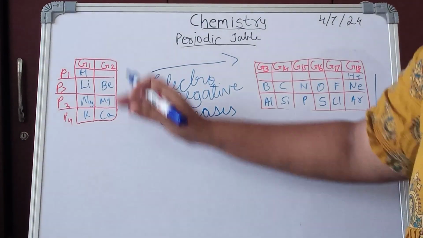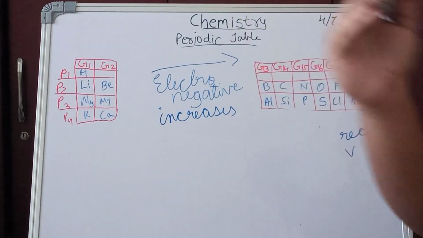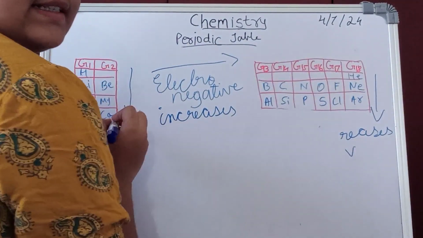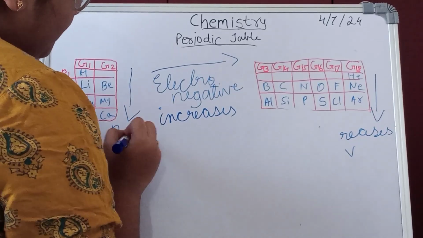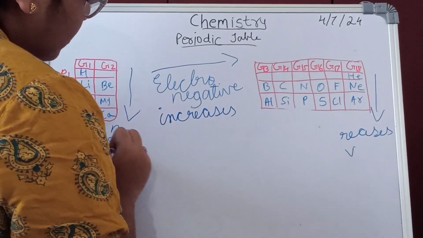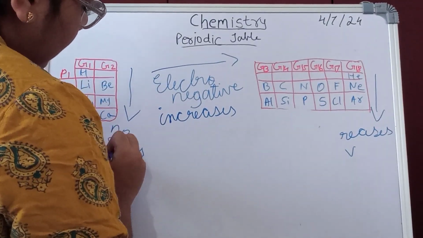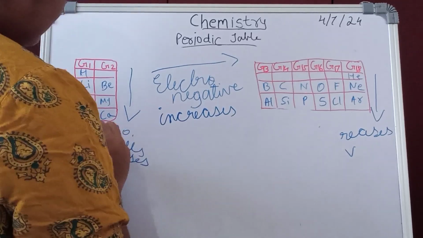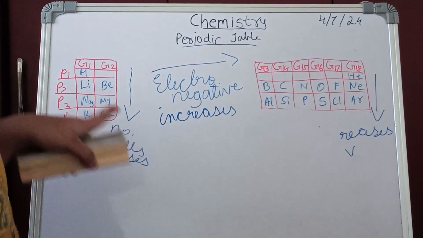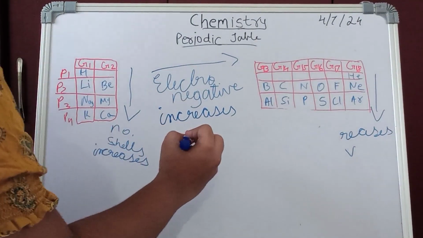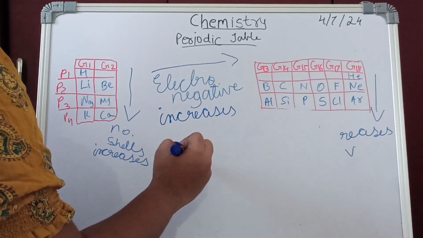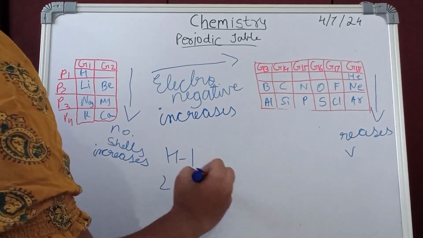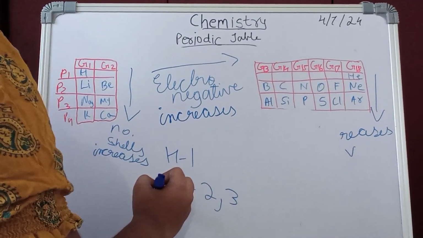And your number of shells from top to bottom increases. So number of shells for hydrogen, how many? 1 shell. For lithium, how many? 2 shells.